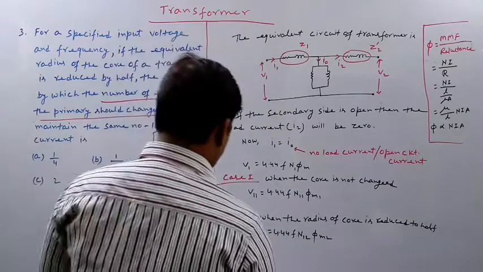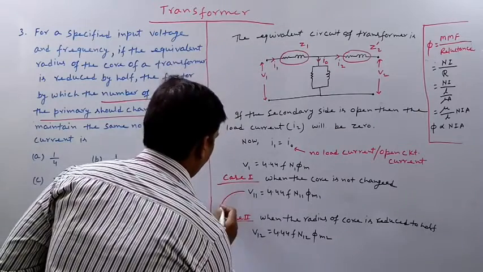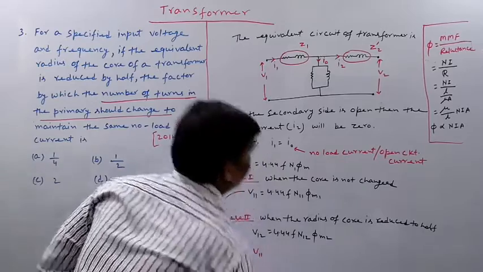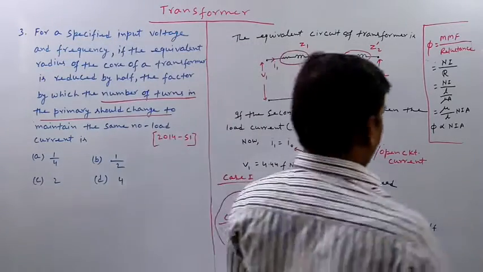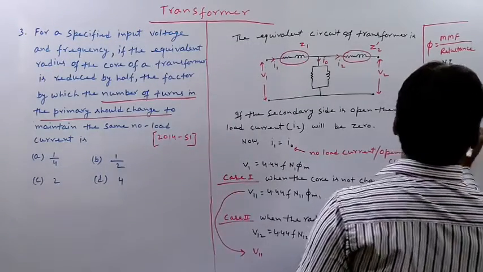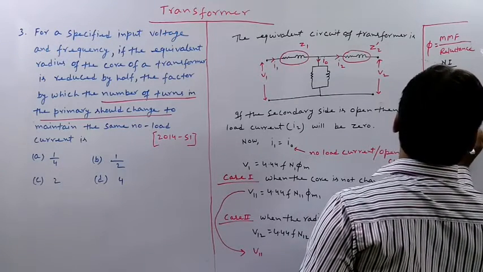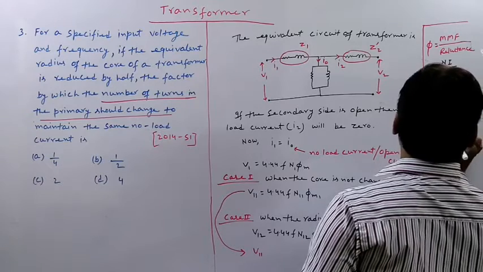Now we can write phi m1 as K N11 I1 A1, where K is a constant.